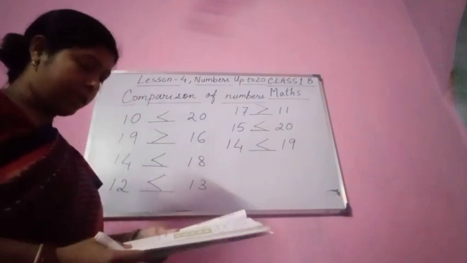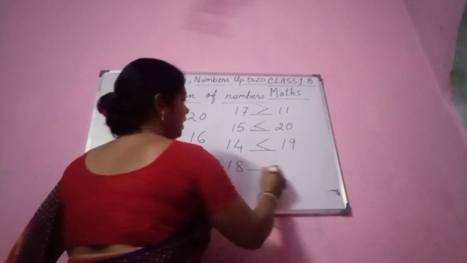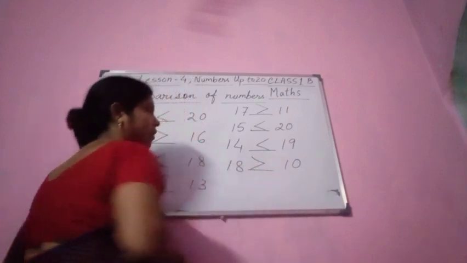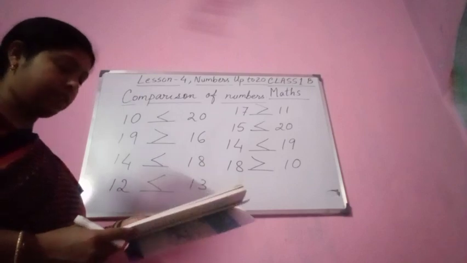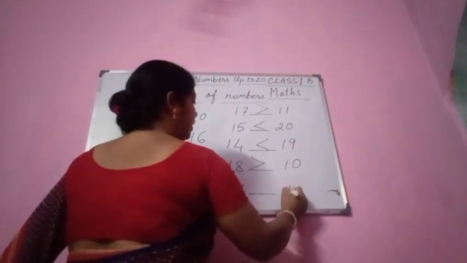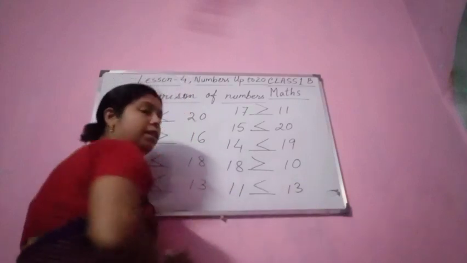Next number you see 18 and 10. 18 is bigger than 10. Next number 11 and 13. So 11 is smaller than 13.